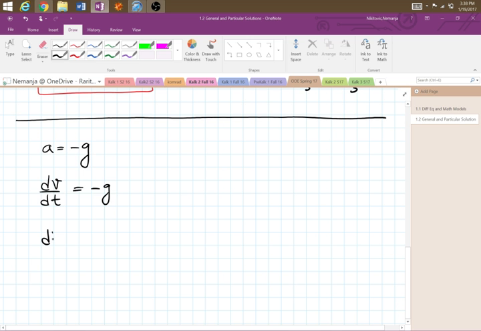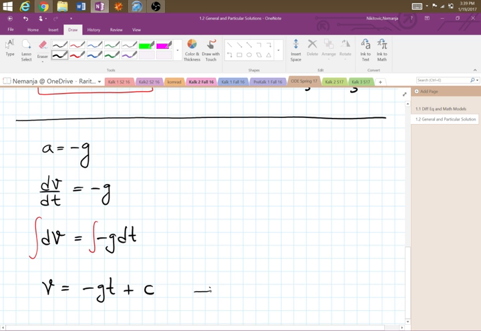Then we separated variables. And then we integrated both sides. And then we got that the velocity was equal to negative gt plus some constant c. And at that point, I said, let's just call it what we are learning now.